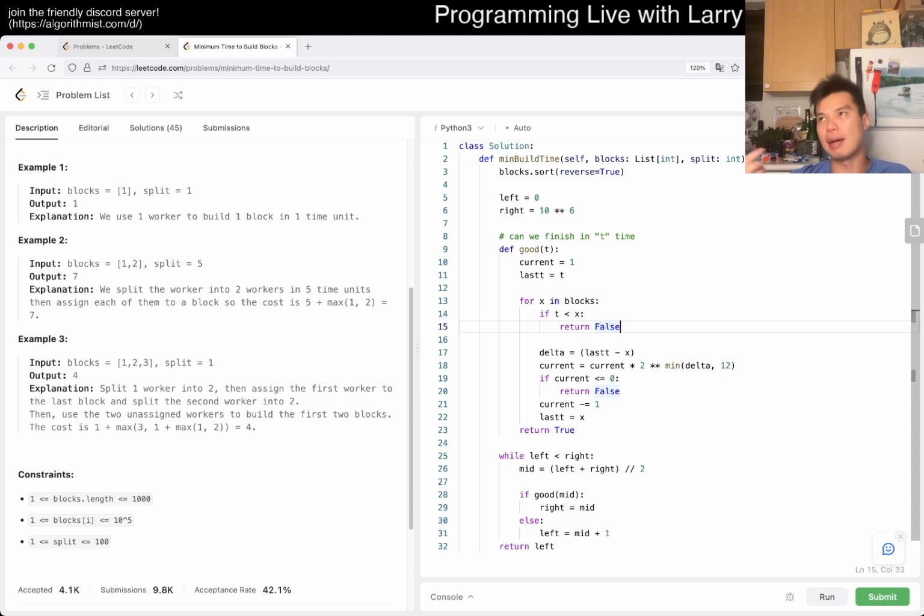But conceptually, you could imagine that a worker, instead of splitting, may wait, say, 2 minutes or 2 time units to start working on the next thing, instead of just splitting for no reason, right? Because maybe it takes 5 seconds to split, so maybe doing nothing is a more optimal solution, right?